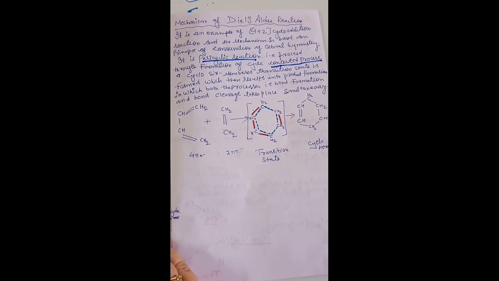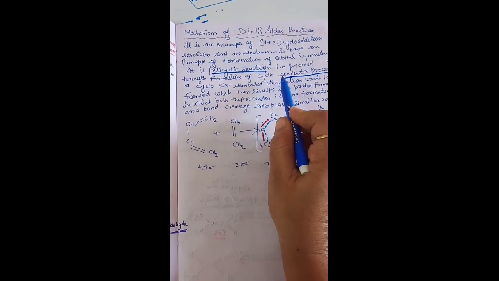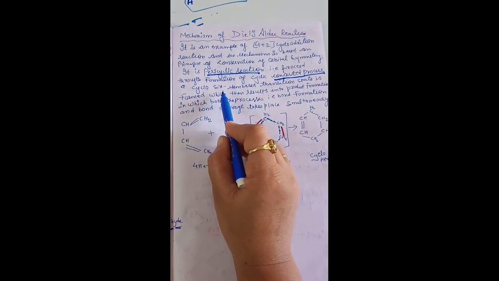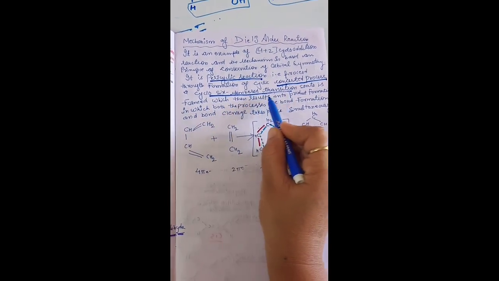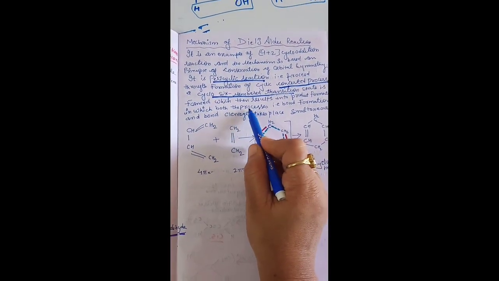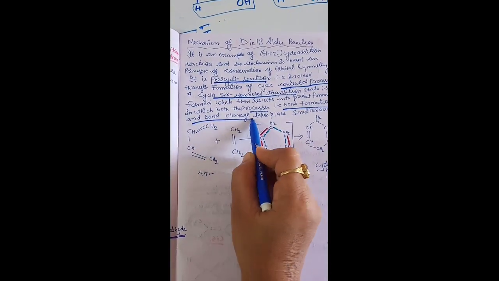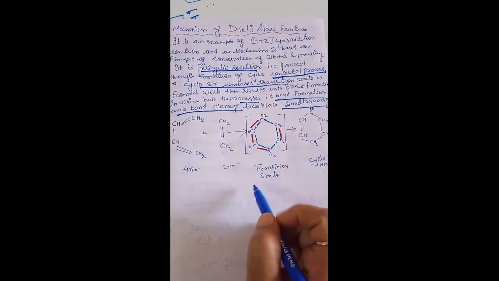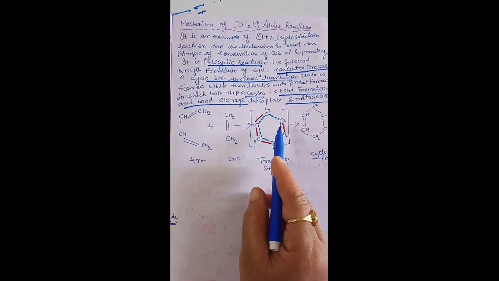A cyclic 6-member transition state is formed, which results in the product formation in which both processes, that is the bond formation and the bond cleavage, meaning bond breaking, take place simultaneously. So in the transition state the bond formation and the bond breaking take place simultaneously.